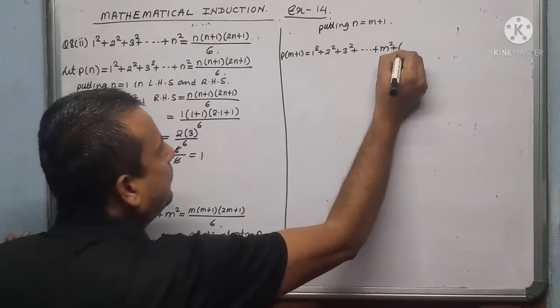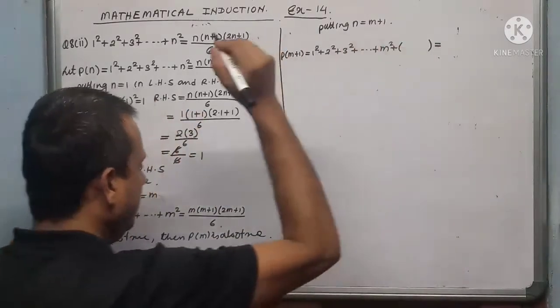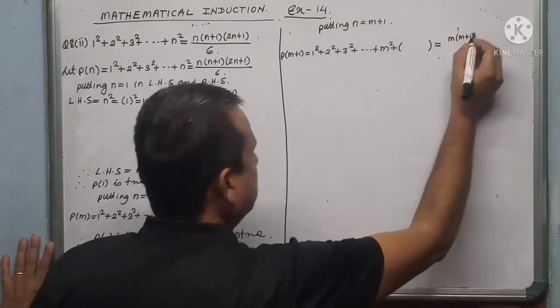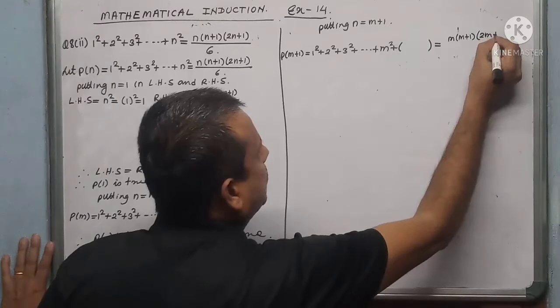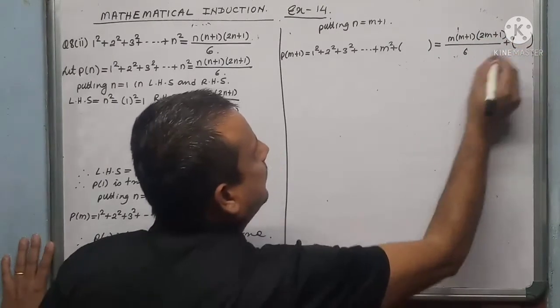Then I'll leave some space over here, like previous sum equals m plus 1 into 2m plus 1 divided by 6 plus the space that you have to leave over here.